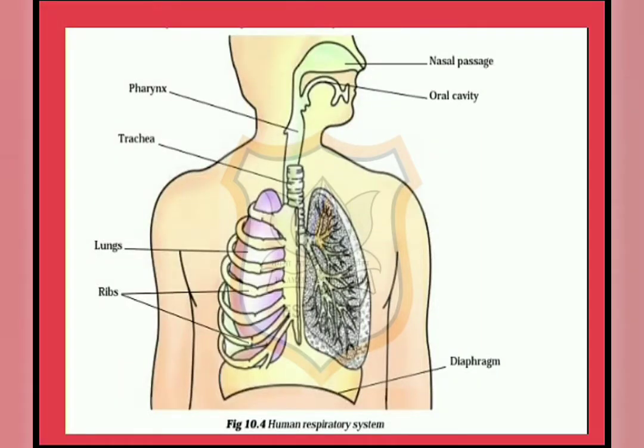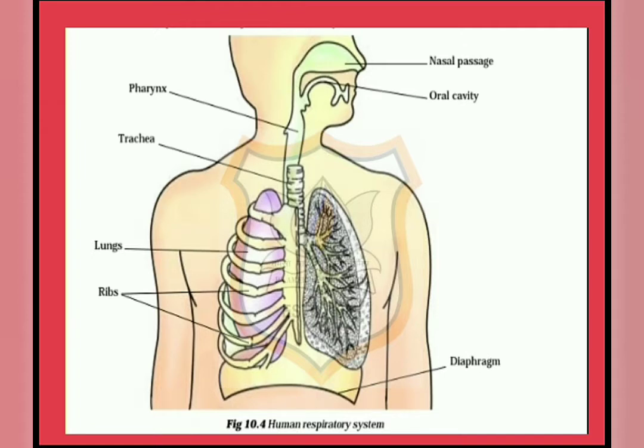Students, in this diagram you can see the human respiratory system. Ribs and diaphragm are helpful in breathing. Nostrils are the opening of the nose. Inhaled air passes through it into the nasal cavity. The nasal cavity's lining has fine hair by which air is filtered and passes into the trachea through the pharynx.